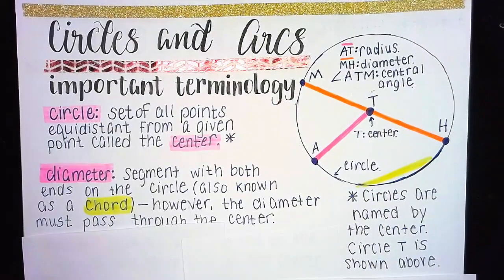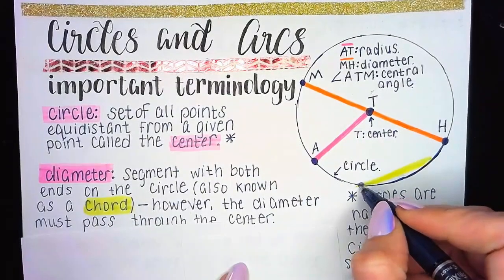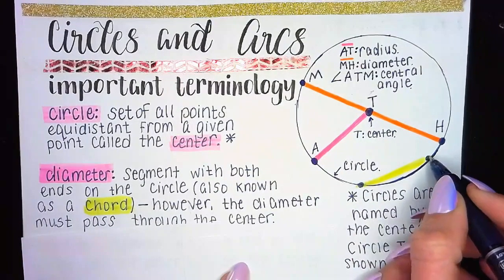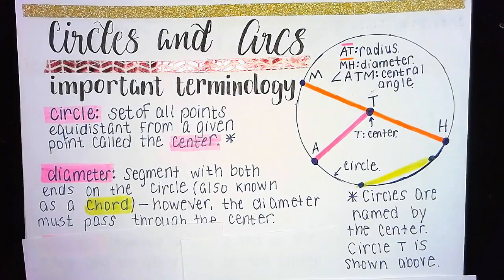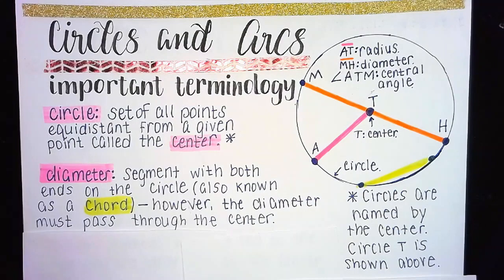So a chord does not have to go all the way through the middle. However, a diameter is a chord that does pass through the center. So continue with this definition. However, the diameter must pass through the center. Sometimes we also say, instead of pass through, we might say it must contain the center.